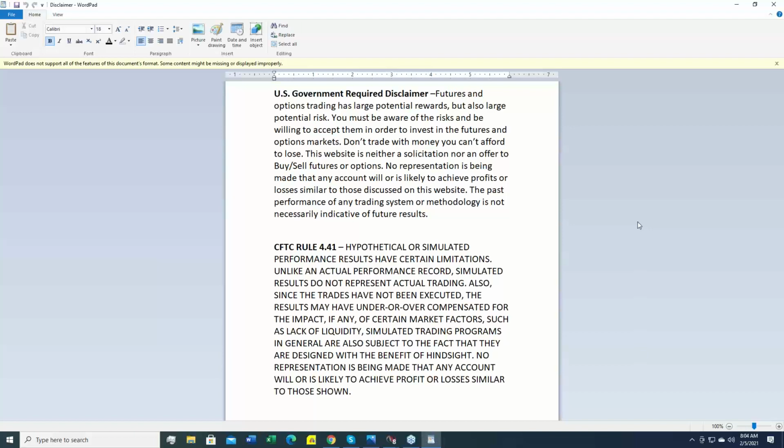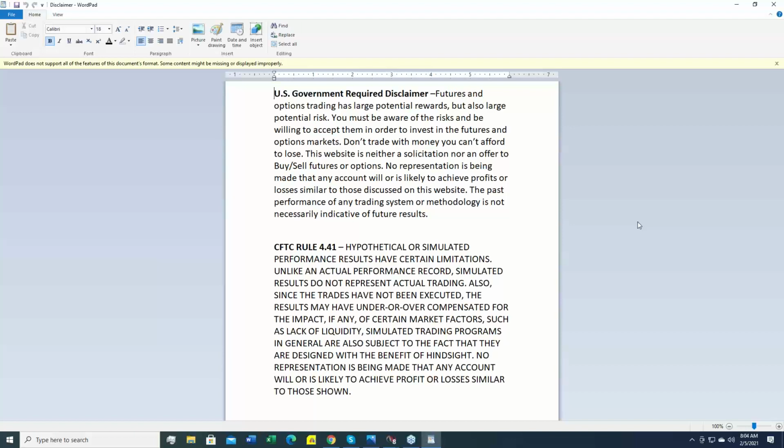U.S. government required disclaimer. Futures and options trading has large potential rewards, but also large potential risk. You must be aware of the risks and be willing to accept them in order to invest in the futures and options markets. Don't trade with money you can't afford to lose. This website is neither a solicitation nor an offer to buy or sell futures or options. No representation is being made that any account will or is likely to achieve profits or losses similar to those discussed on the website. Past performance of any trading system or methodology is not necessarily indicative of future results. CFTC Rule 4.41. Hypothetical or simulated performance results have certain limitations.